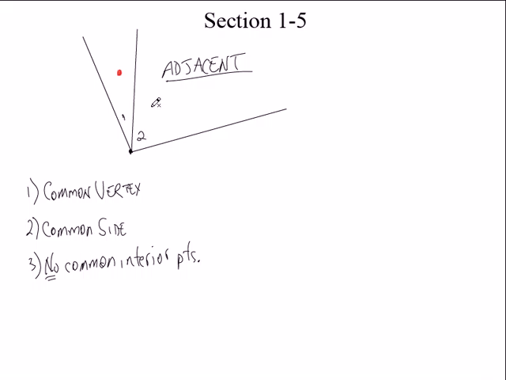That means if I can have a point that lies in angle 1 and also in angle 2, then it's not adjacent. You say, well, show me an example of that. I'd like to see that. All right, I'm glad you asked. I'll show you one. I drew a picture in the last class. I don't know if I want to draw that same picture. Yeah, might as well. I'll just do this.